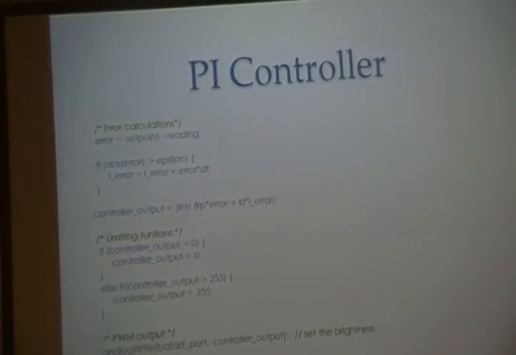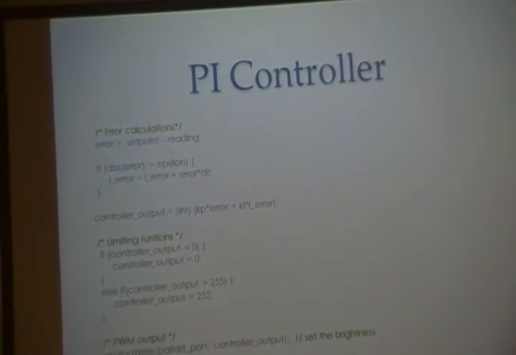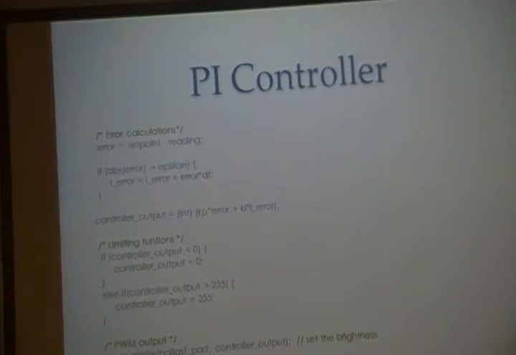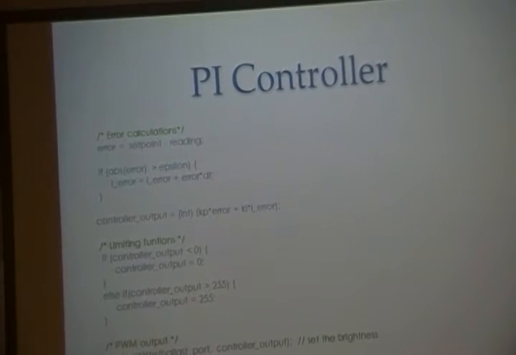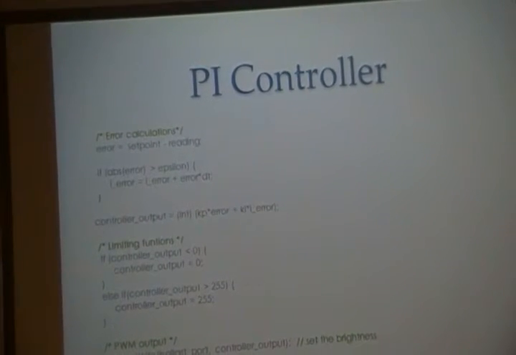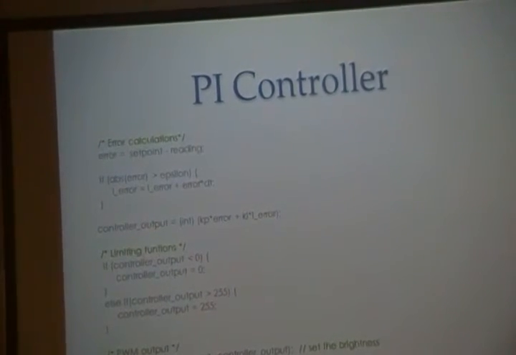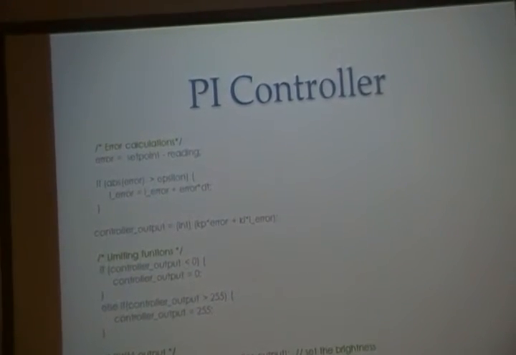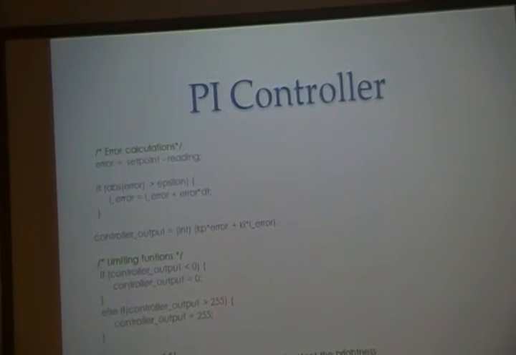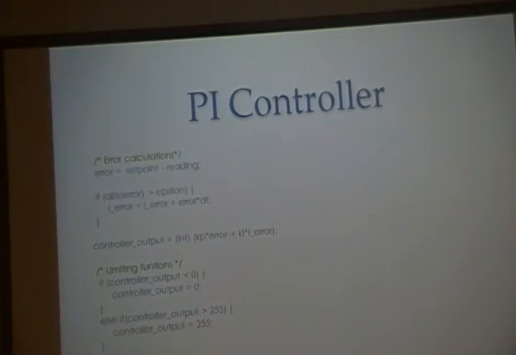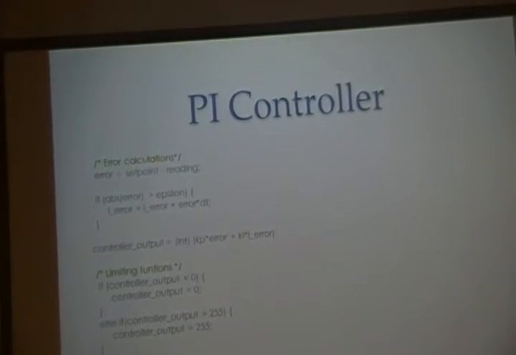Okay, we use the PI controller, and here you see the basic algorithm for a microcontroller to output the control output. On the first line, the error signal is read. On the next line we have the integral term, adding up all the errors. The controller output is set to the equation I mentioned in the previous slide.